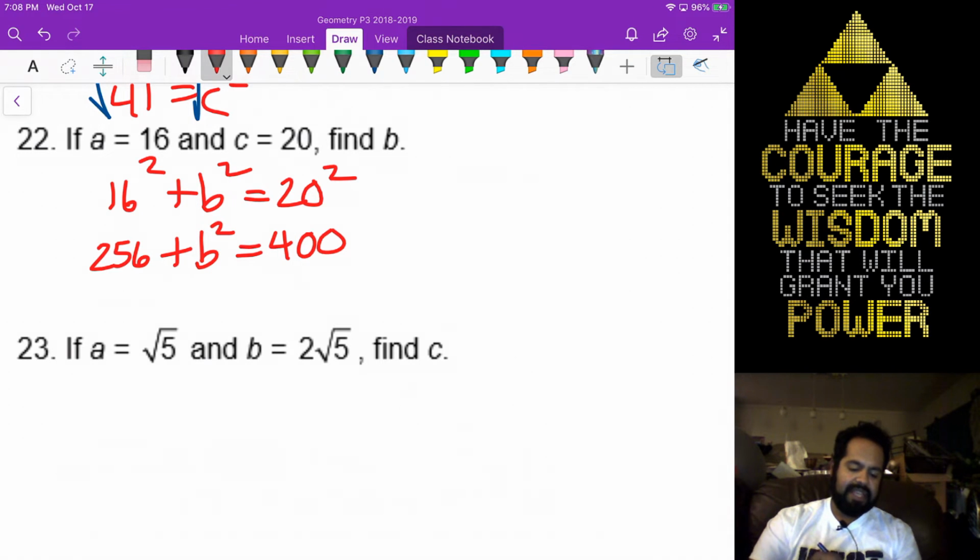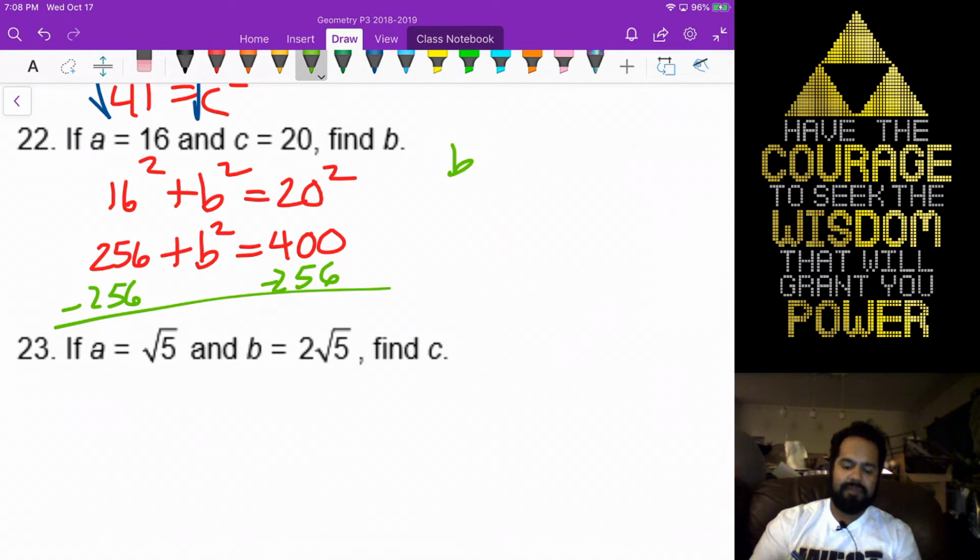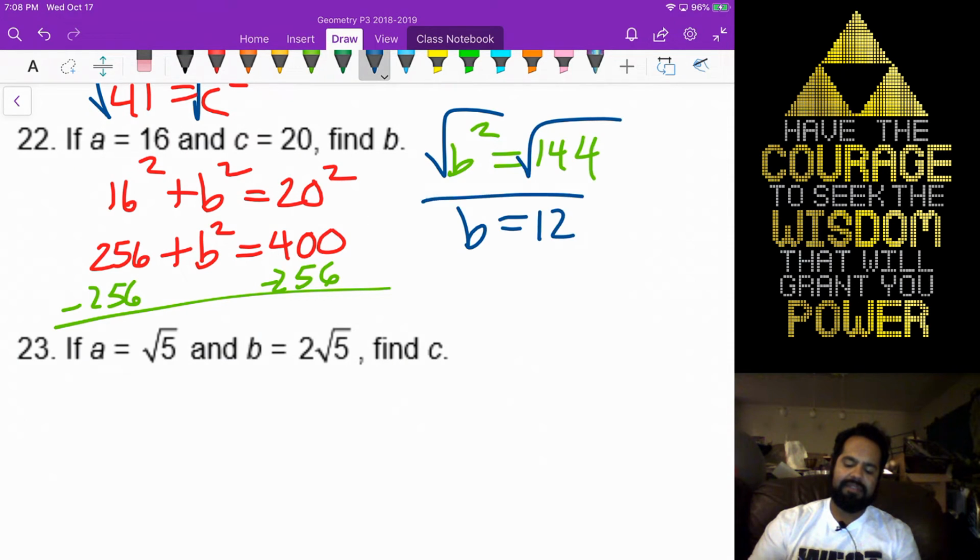Now right here we're going to take away 256 from both sides. I should probably take off the auto shape. So then we're going to get b squared equals 144. Pretty sure after taking the square root there, b is going to simply give us 12.